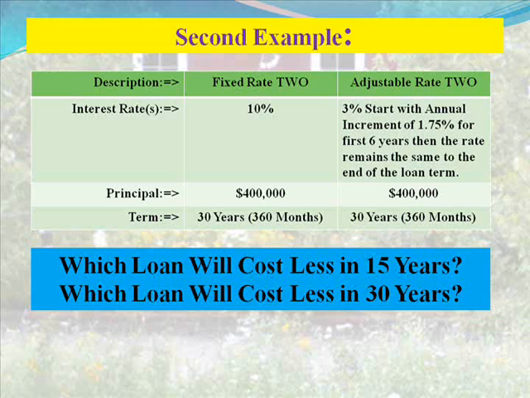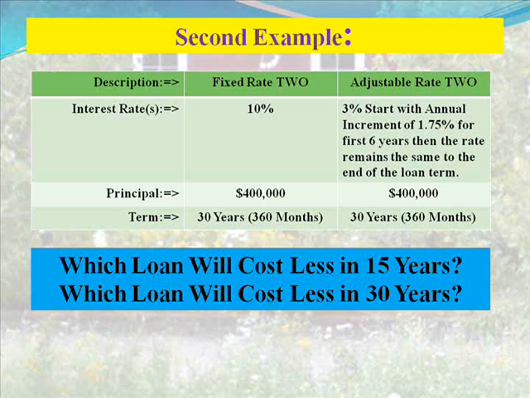For the adjustable rate, 3% will be the starting interest rate, with annual increments of 1.75% for the first 6 years. Then the rate remains the same to the end of the loan term. The principal will be $400,000, and the term will be 30 years or 360 months.